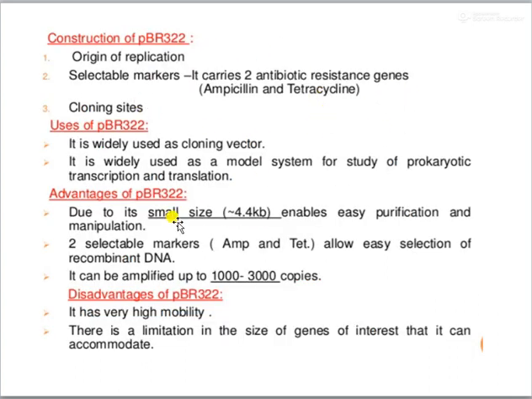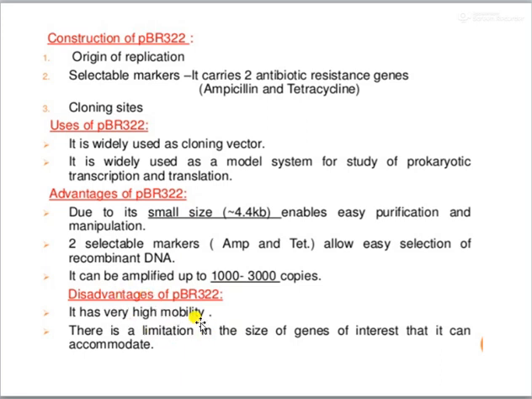These are the advantages of pBR322. It has a very small size, so it is easy for purification and manipulation, and it can be amplified up to 1000 to 3000 copies, which are all things we have mentioned here. But the disadvantage is that it has a high mobility, and the size of the genes which can be accommodated into it is very limited.